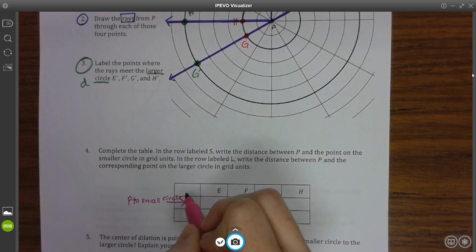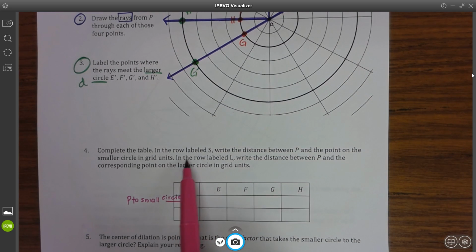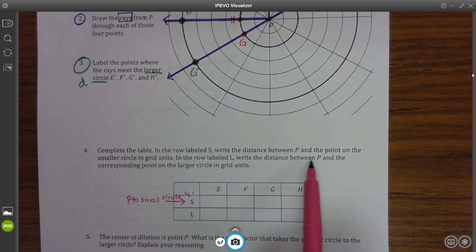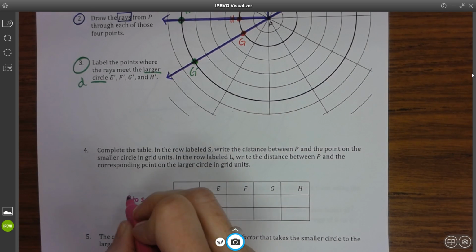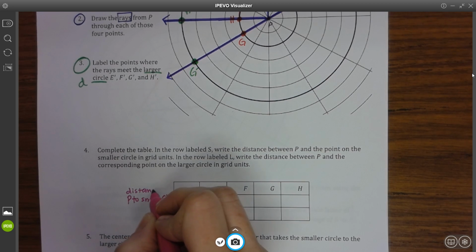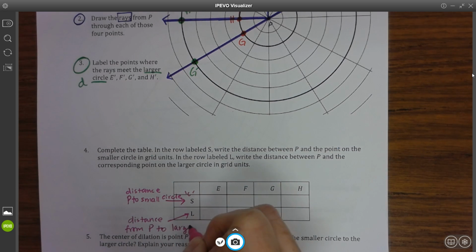The small circle is called C, right? In the row labeled L, write the distance between P and the corresponding point on the larger circle. So we want the distance from P to the large circle.